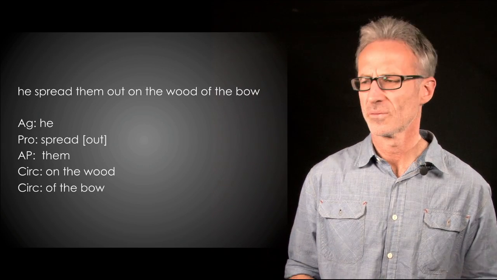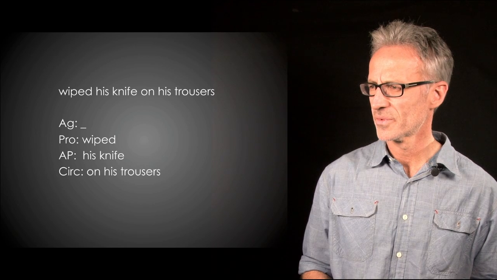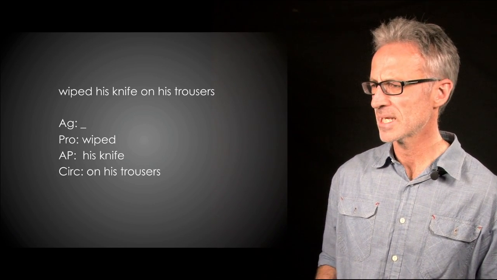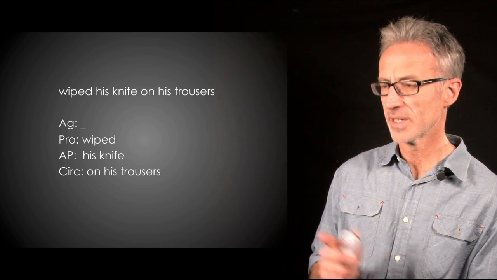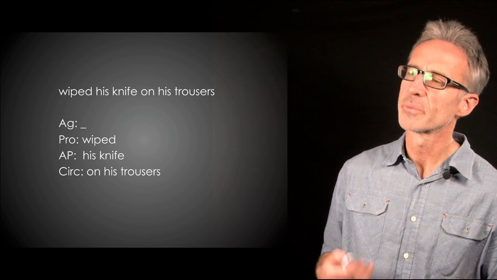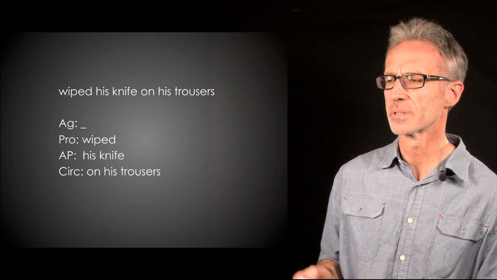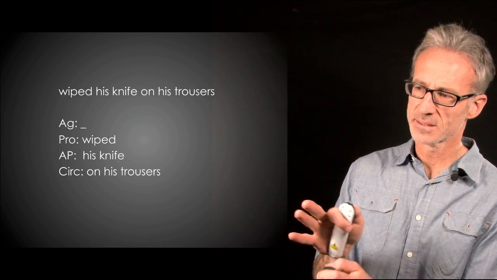Okay, so another example. Wiped his knife on his trousers. Now the agent there is implied. It's not actually specified. It's not on the page. But we know who it is. It's the fisherman. It's the same agent as the last clause. But because it's not in the words on the page, we represent it in the analysis as blank.